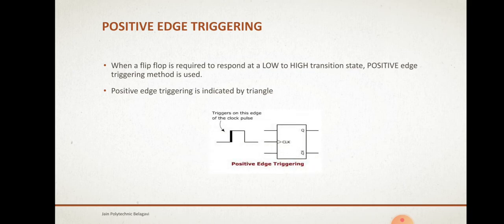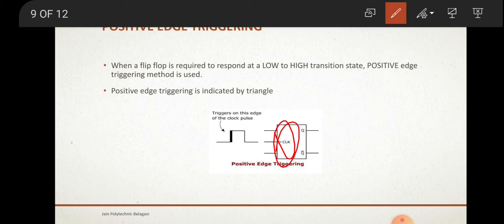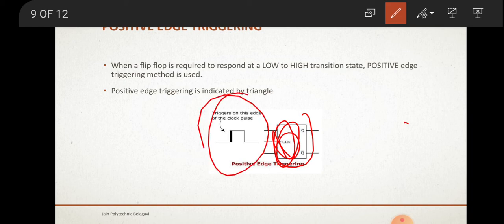You can observe here, positive edge triggering can also be indicated as a clock. Triggering from 0 to 1 is named a positive edge transition.